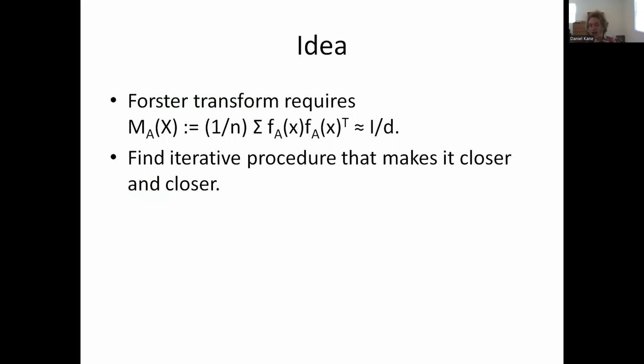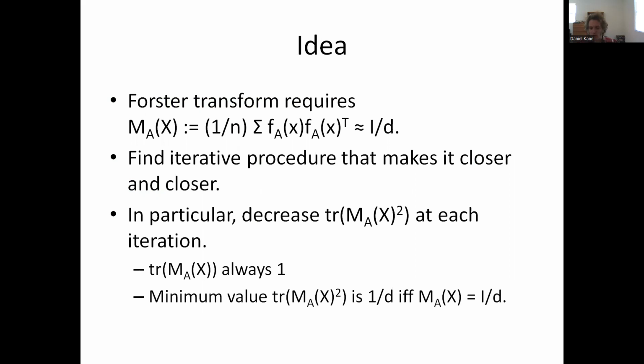What is the basic idea of our approach? Well, the Forster transform requires that this transformed second moment matrix is equal to the identity over d. So we're going to come up with an iterative procedure that makes it closer and closer to that goal. In particular, to track progress, we're going to look at the trace of the square of this moment matrix.